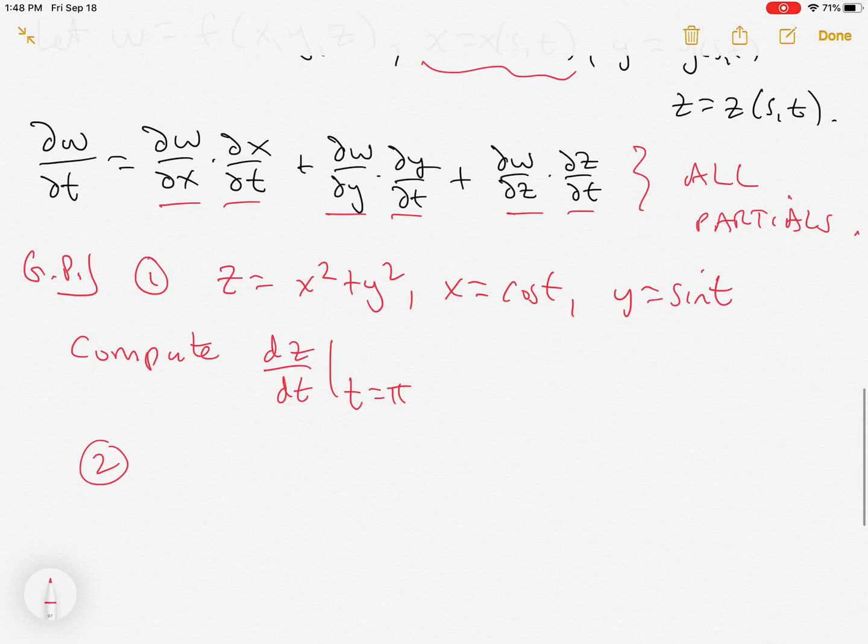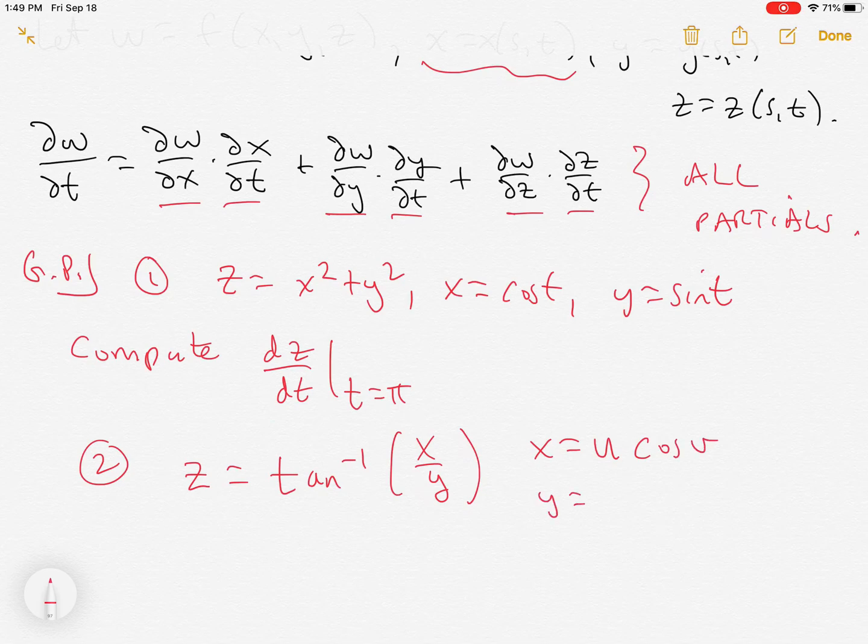And problem 2, z equals tan inverse of x over y. x is going to be equal to u cos v, and y is going to be u sine v.